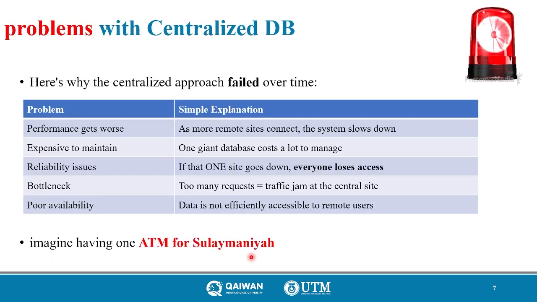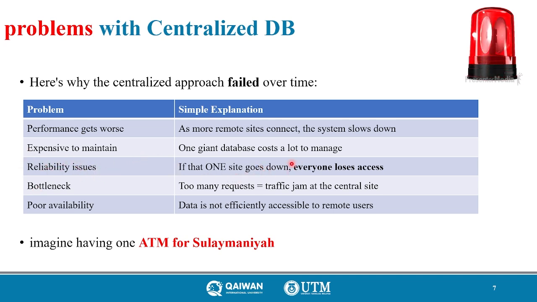Now, it has some problems. It will have some problems 100%. So, problems with centralized database are like this, and here's why this approach failed over time. The first one was performance gets worse. The more remote sites connect, the more the system slows down. Also, it is expensive to maintain. One giant database costs a lot to manage. Reliability issue, we cannot rely on it.